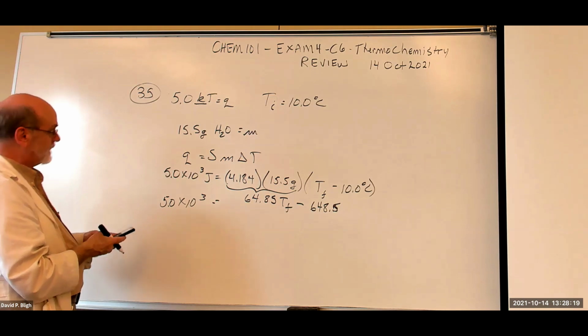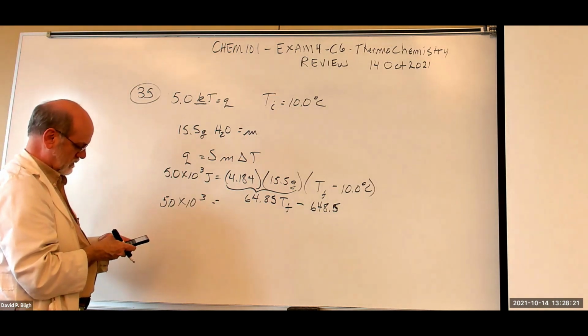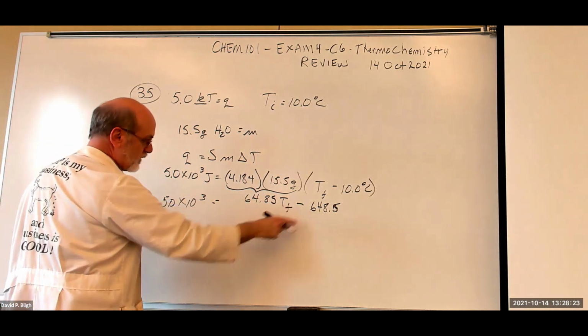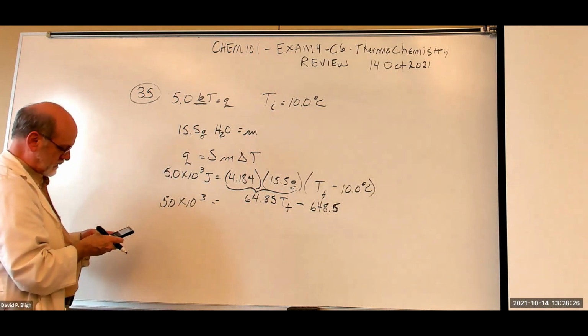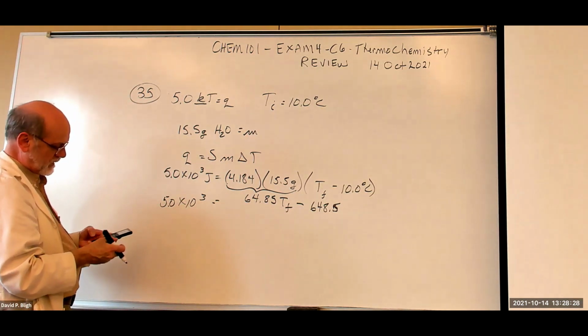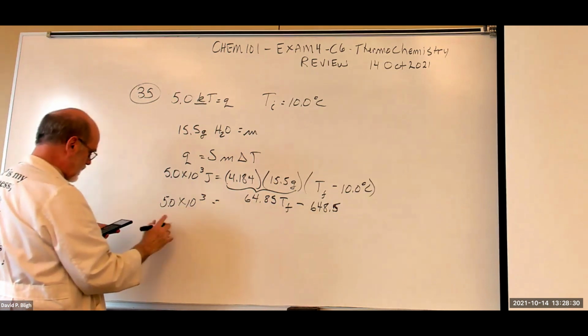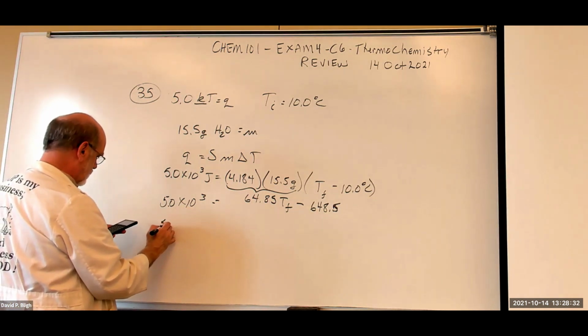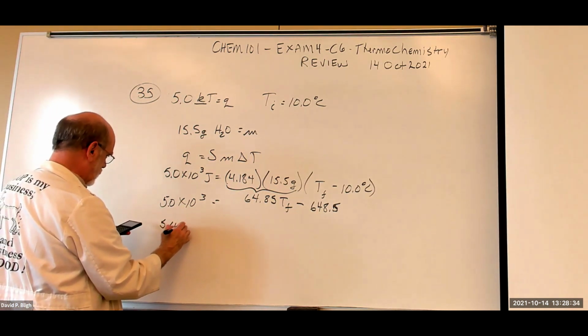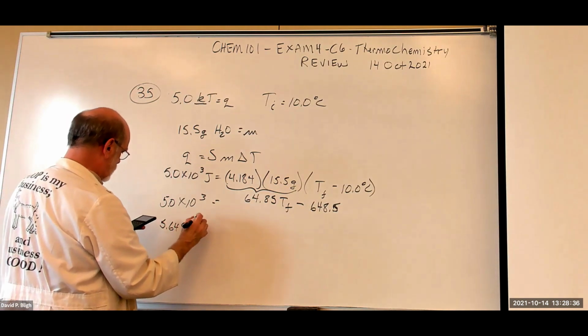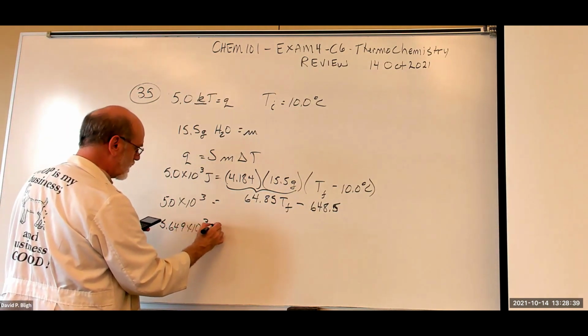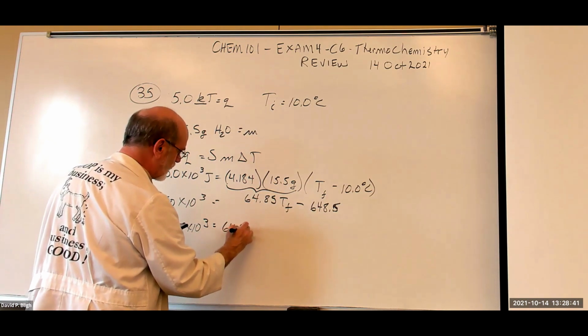Let's see, what is that? 5,000. And then this one becomes a positive on that side, 648.5. So when I bring this one over here, we get 5.649 times 10 to the third equals 64.85.